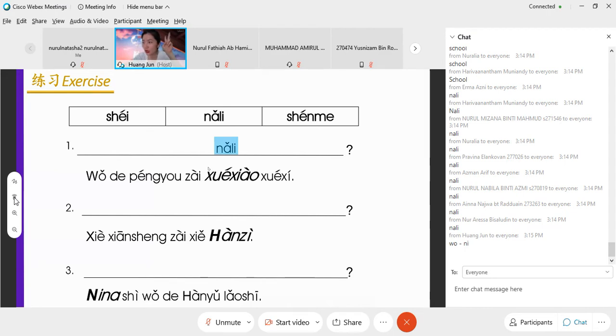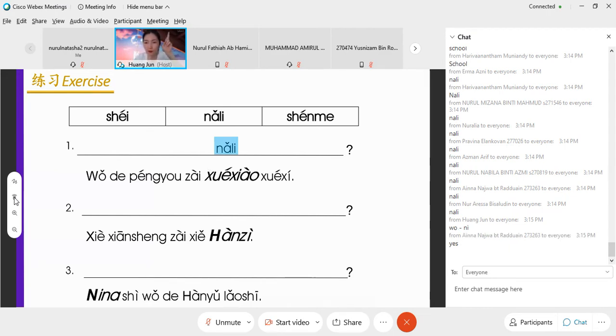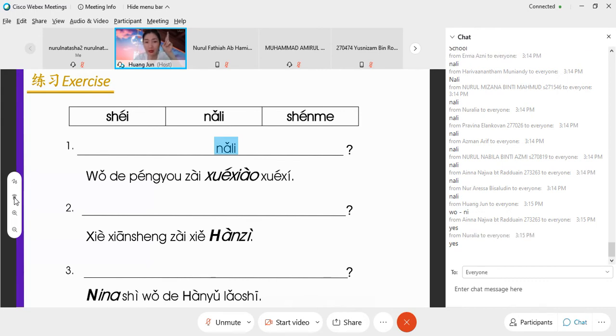Did they have 我 inside? In the beginning, right? Here. So in the beginning we got a 我, so you have to change it into 你. So this is step 2.